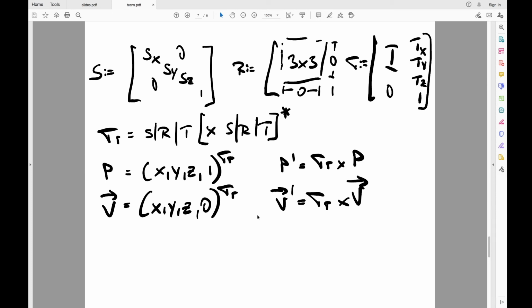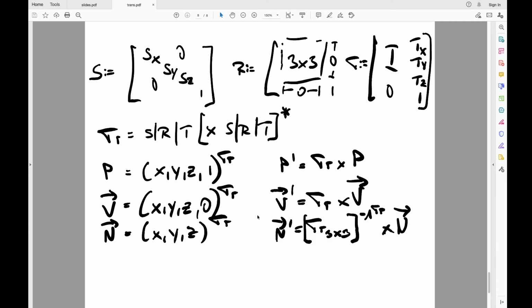On a side note, if we were to transform normals, and without a formal derivation, I just want to mention that those are transformed differently. They aren't transformed like vectors are transformed. They aren't transformed in homogeneous coordinates at all, but normals would be transformed as ordinary 3D vectors.